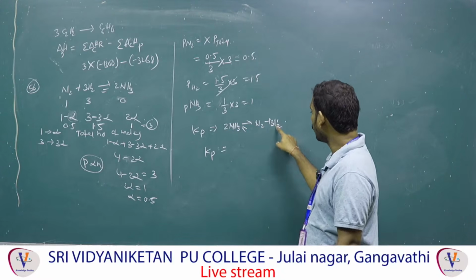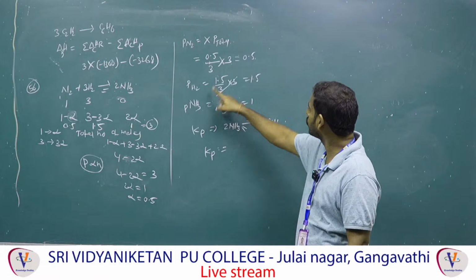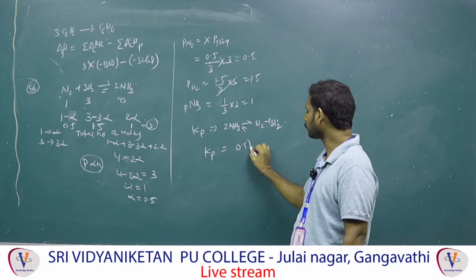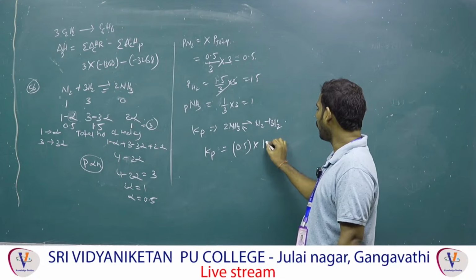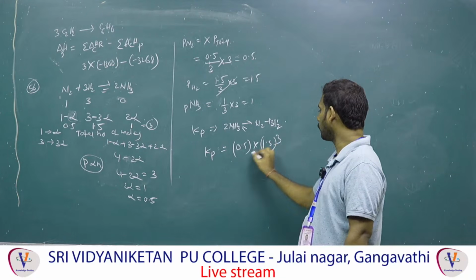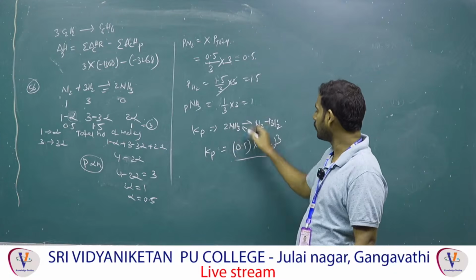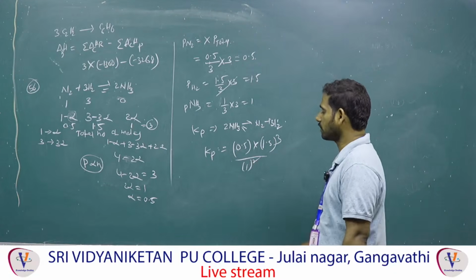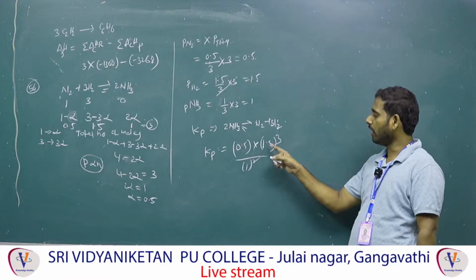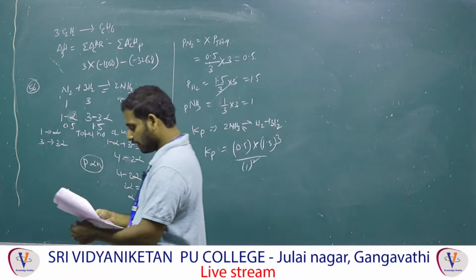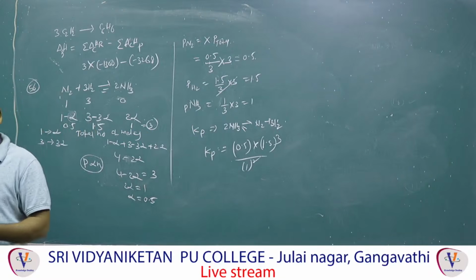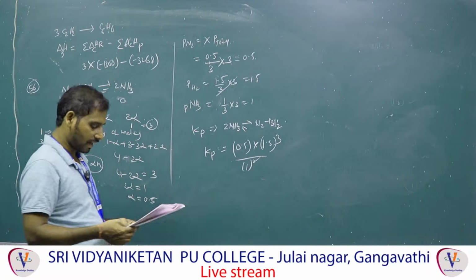Product N2 is 0.5 into H2, 1.5, to the power 3, over NH3, 1 squared. 1 squared is 1. So 0.5 into 1.5 to the power 3 atmosphere squared is the answer. So for question 56 the second option is correct.